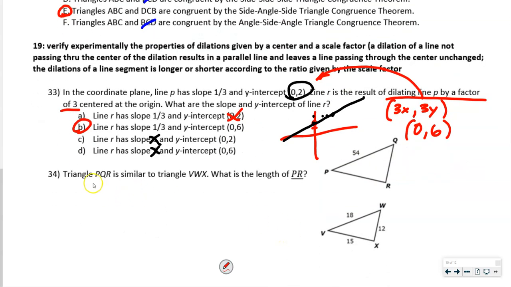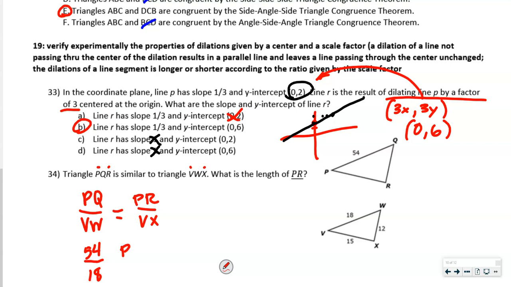All right, on this last one, it says triangle PQR is similar to triangle VWX. What is the length of PR? That means PQ goes over VW, right? PQ over VW. So I'm going to go 54 over 18, and we're looking for PR, so that's going to be equal to PR over VX.